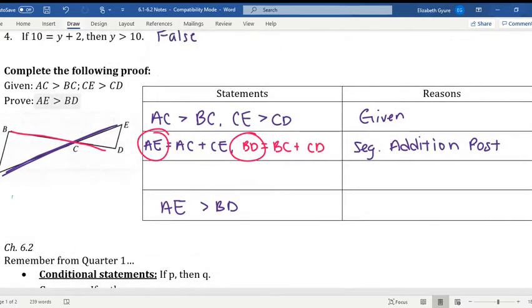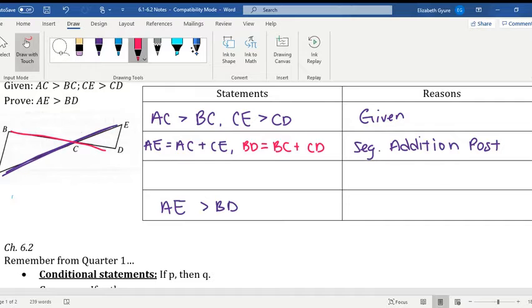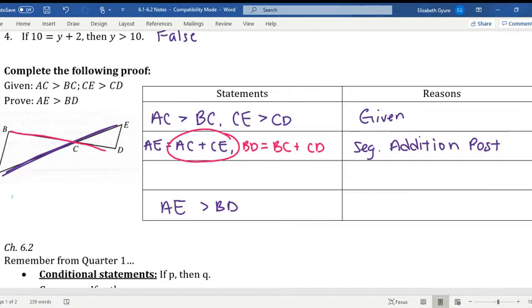So what we can do here is we need to be able to say that in order to say AE is greater than BD, we have to show that AC plus CE is greater than BC plus CD, because those are our little parts that it's made up of.